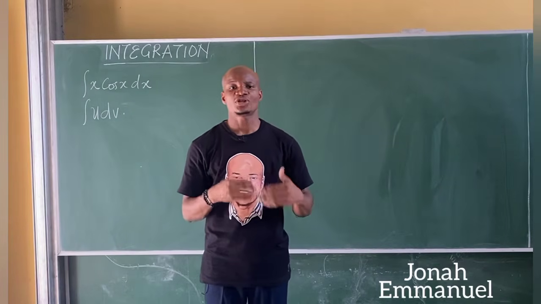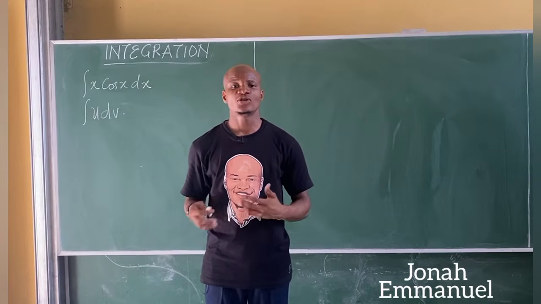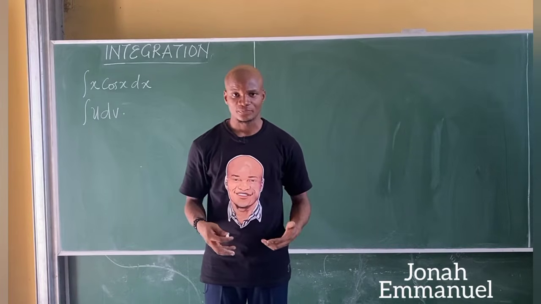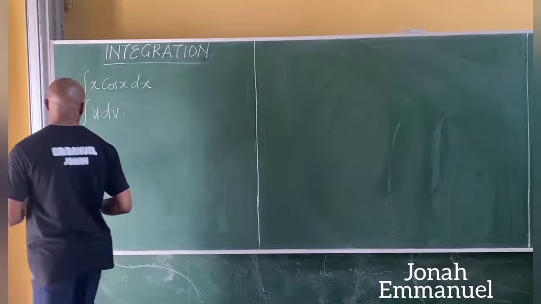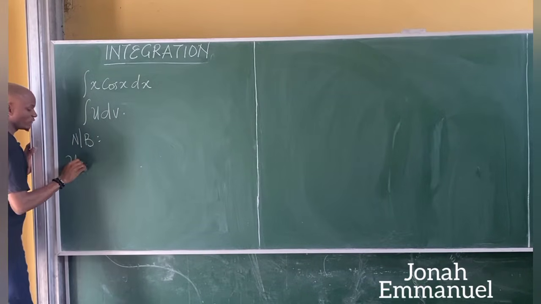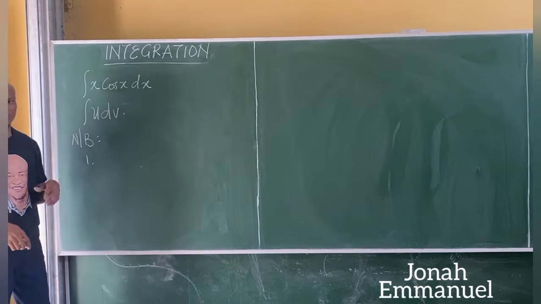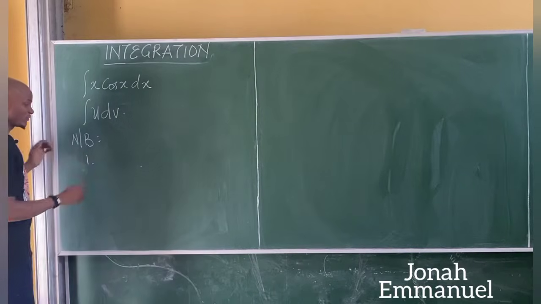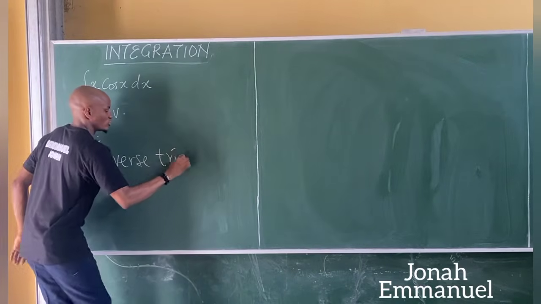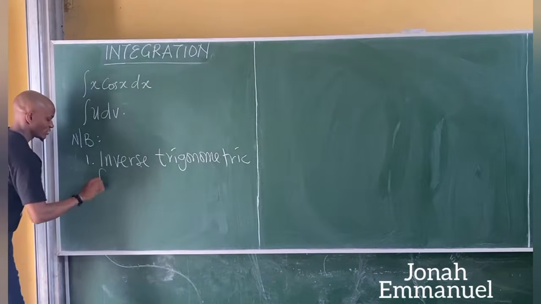So how do we know which term in any question involving integration by parts should be equal to u and which term to take as the v? Now, usually when it comes to integration by parts, note that u is often, number 1, inverse trigonometric functions.